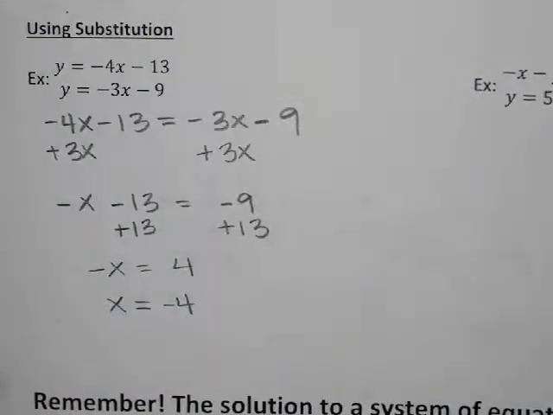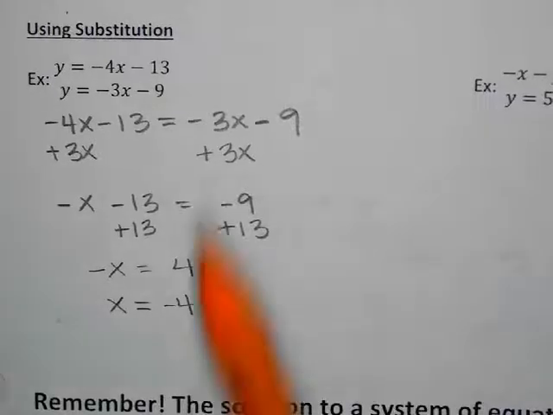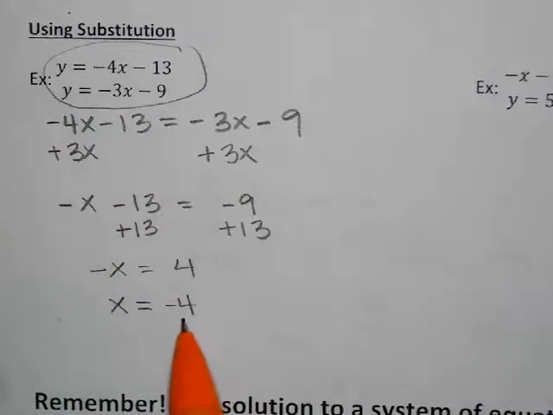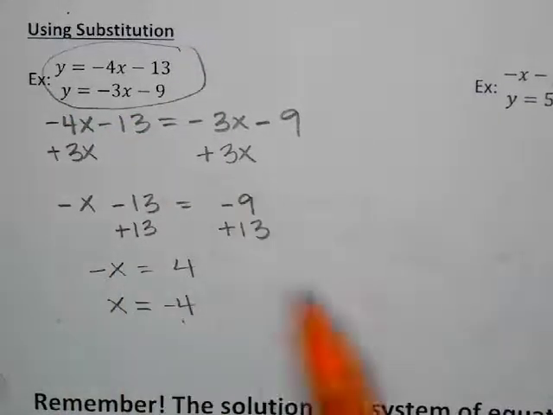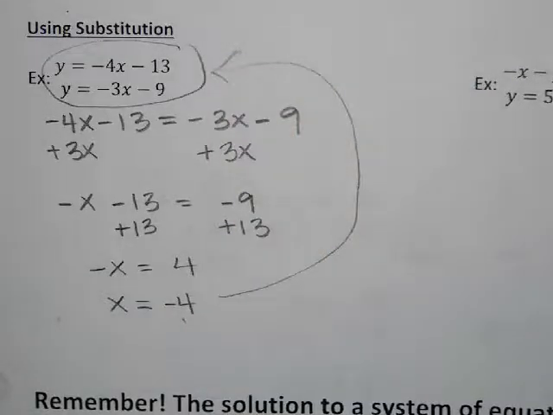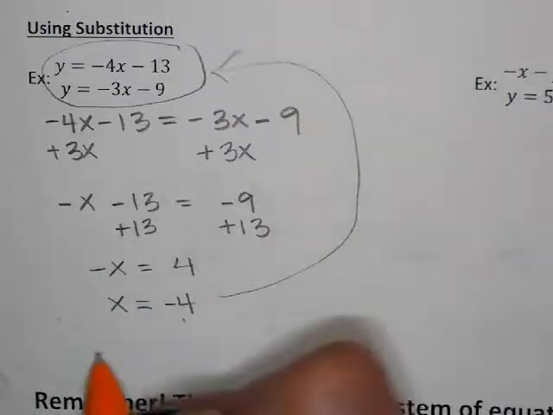So we're going to go back to the original equations. We're going to take that x value, and what are we going to do with it? Plug it in. Which one do you guys want to plug it into? The bottom? Okay. So we're going to say y equals negative 3 times the x value minus 9.